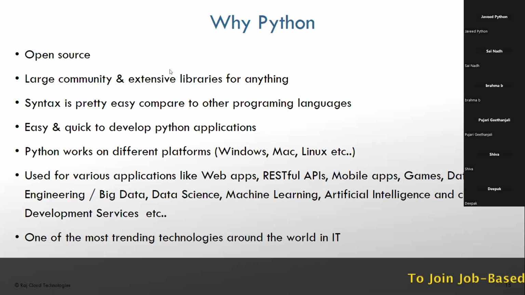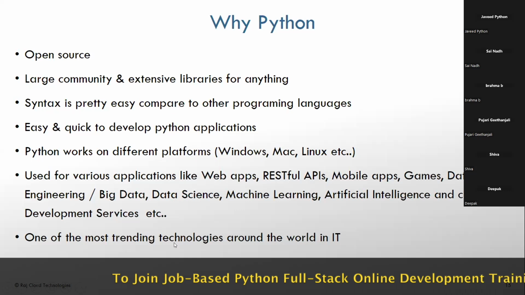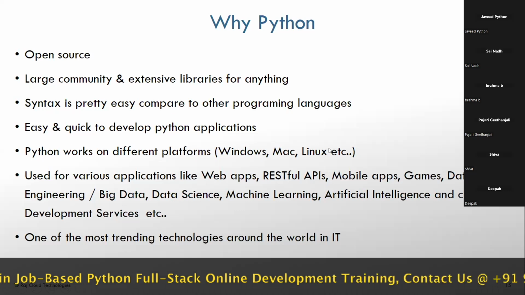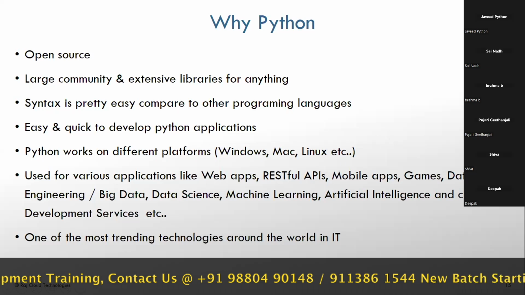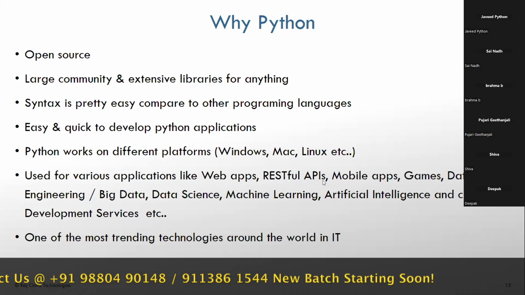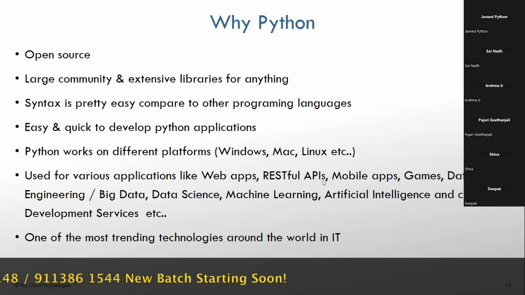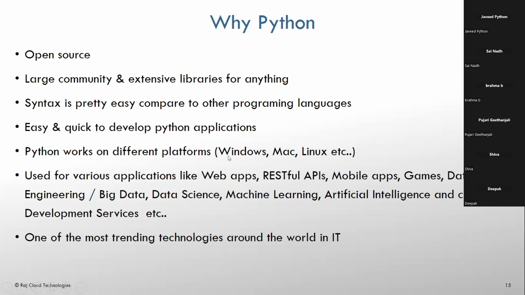It is more readable and easier to learn compared to any other language. And it is platform independent. You can write on any machine, you can run on any machine, no problem. That's the reason it has a lot of capabilities.